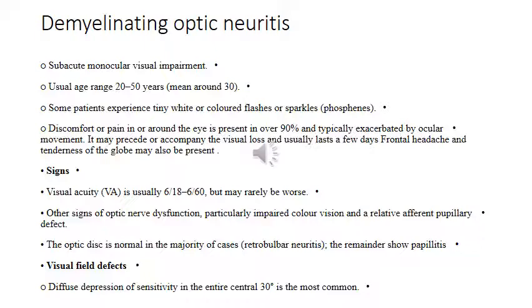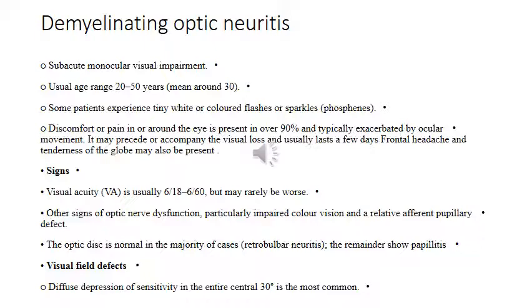In addition, the most important thing is the pain with eye movement that the patient experiences, which is very specific to optic neuritis and is present in over 90% of patients. Sometimes there might be an associated frontal headache or even tenderness of the globe. The headache, the tenderness of the globe, the pain sometimes precede the visual impairment, sometimes accompany it.